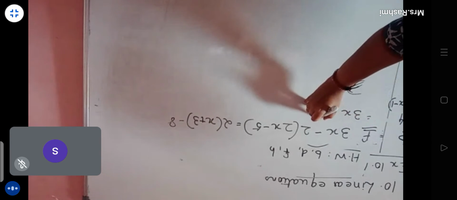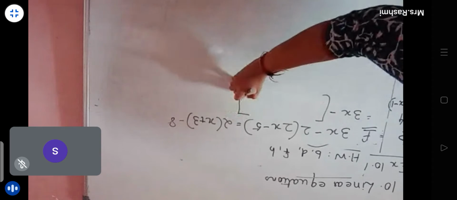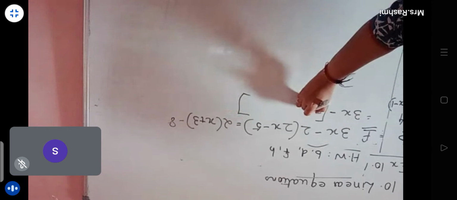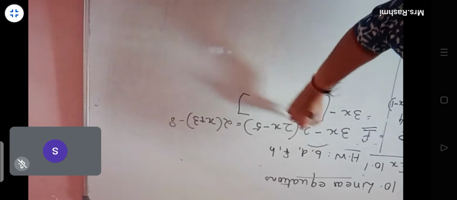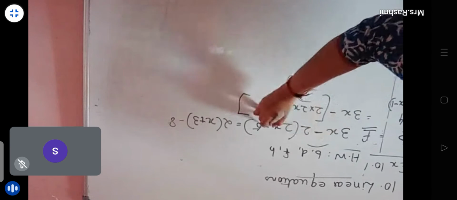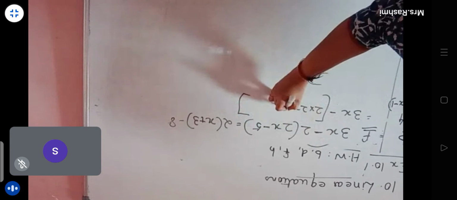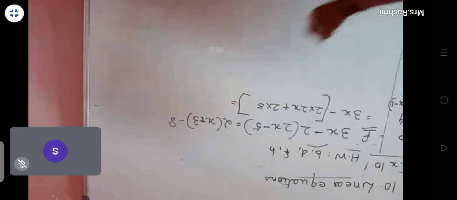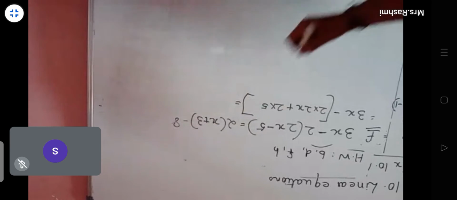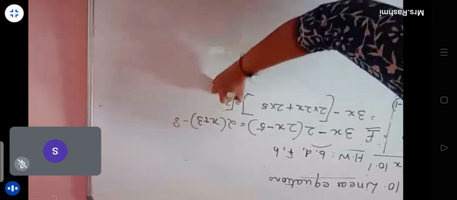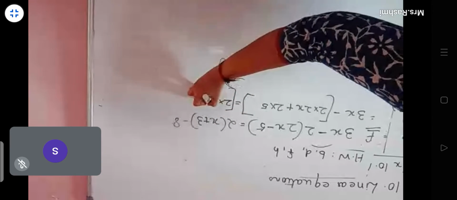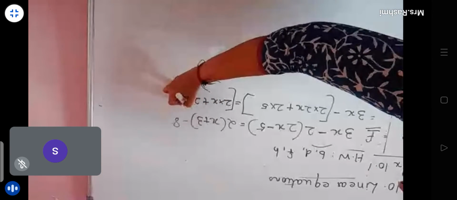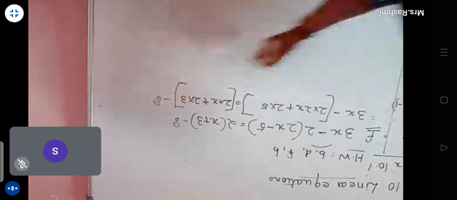3x minus, for those who are still confused, I'm just writing this 2 into 2x. And this negative becomes positive, and it gives 2 into 5 is equal to 2 into x plus 2 into 3 minus 2.